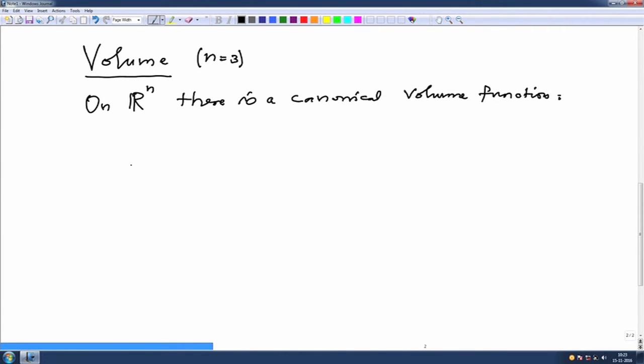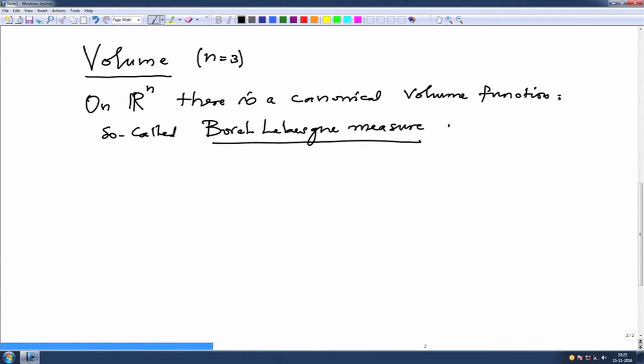This is usually called the Borel-Lebesgue measure, or even more generally, the Lebesgue measure.